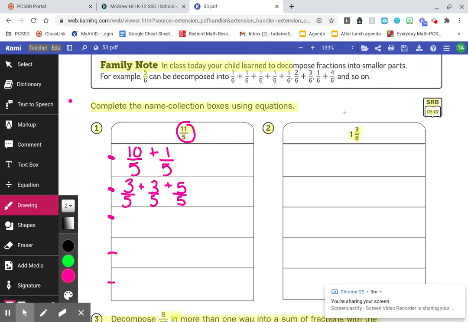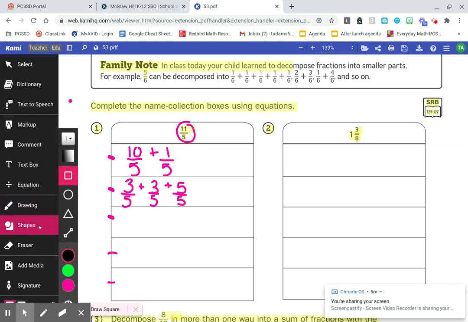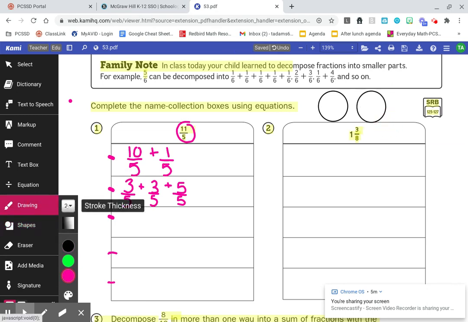Think about it like a piece of pizza. If I have one pizza here, and I am going to divide my pizza into 8 pieces because 8 is my denominator, my bottom number.